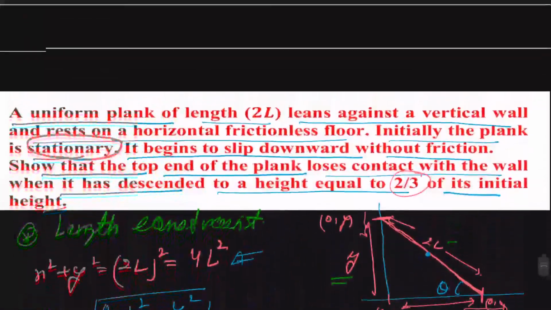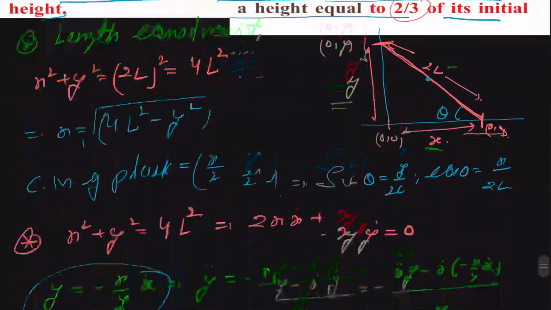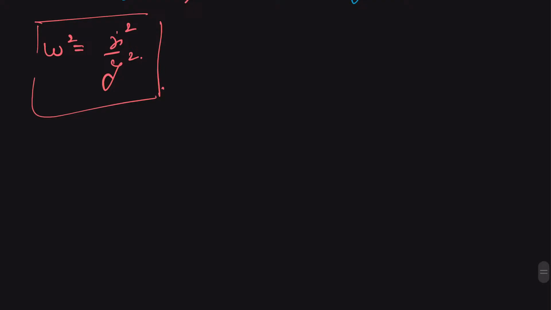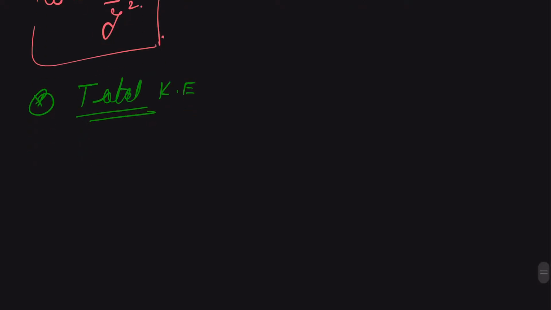Anything else? Okay, we have to find our height, and let's find out the kinetic energy, because the kinetic energy of the center of mass will be translational as well as rotational. So we start with our total kinetic energy of the center of mass.